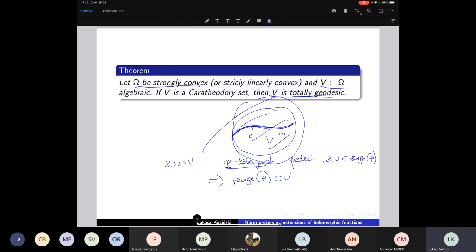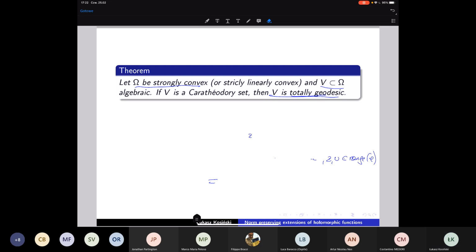So let me show you how to prove this. Okay, so the idea. Here we have a domain omega, and V is in here. So this is V, and we take two points, z and w.